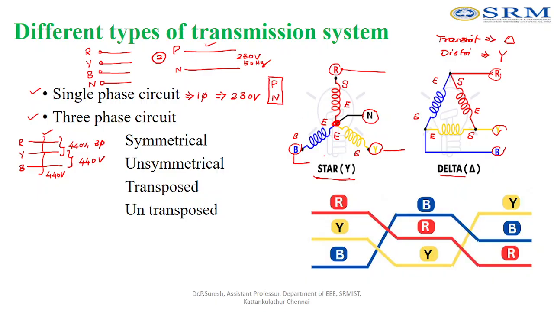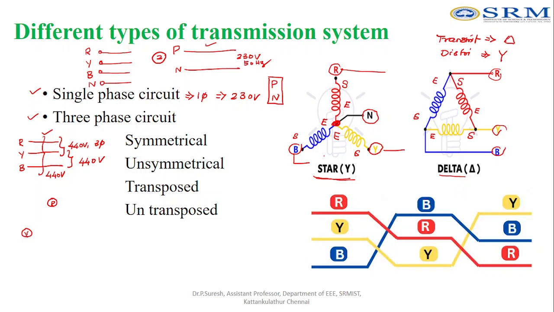We can also have a classification among the 3 phase circuits into symmetrical, unsymmetrical and transposed. How is the classification made? For instance, if I take the symmetrical system, for a 3 phase system I require 3 conductors: R conductor, Y conductor and B conductor.